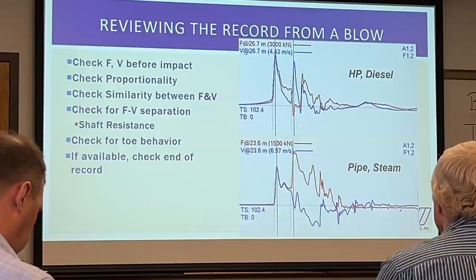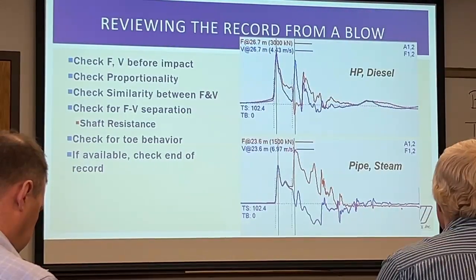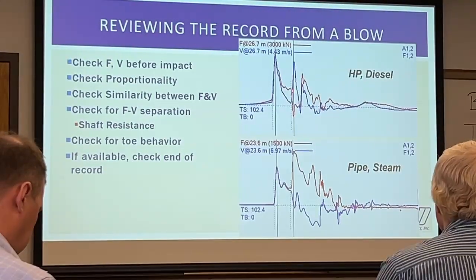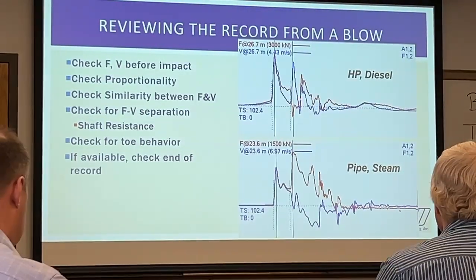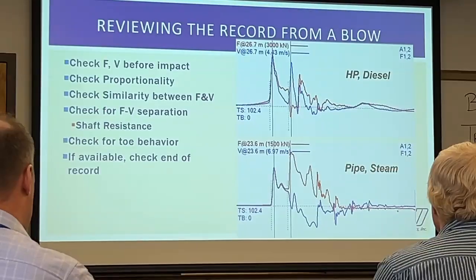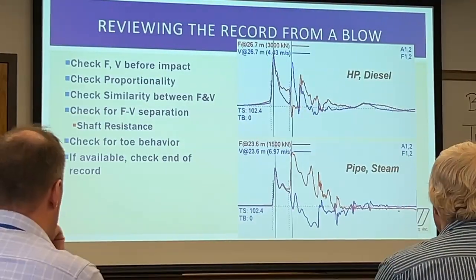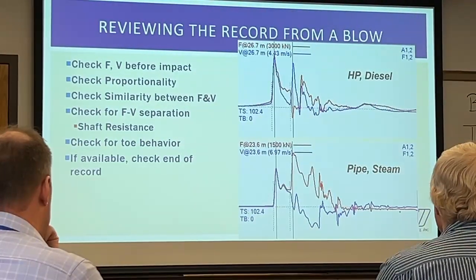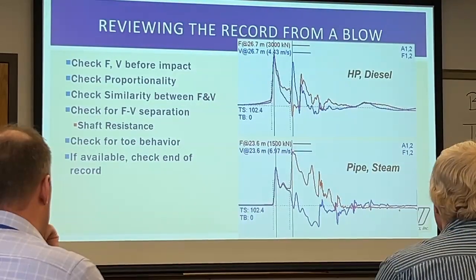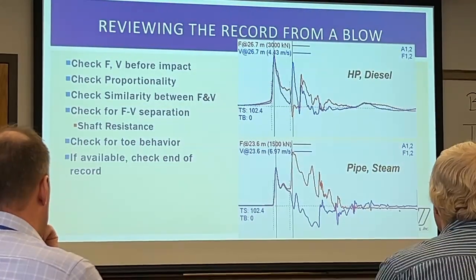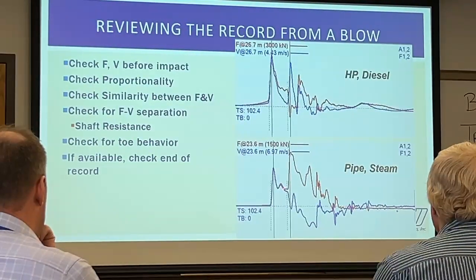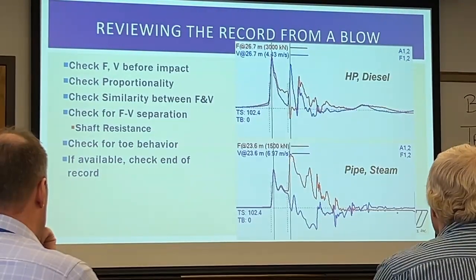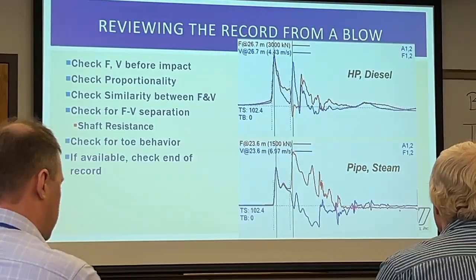Next, we check for the toe behavior, which is coming in here. For the H pile, during relatively early driving, we can see the velocity trending up and the force trending towards zero. When that force trends towards zero, that's an indicator of a free end, and so this is very likely a relatively easy driving condition. On the bottom, in this case, my force is very much doubling and my velocity is trending towards zero.